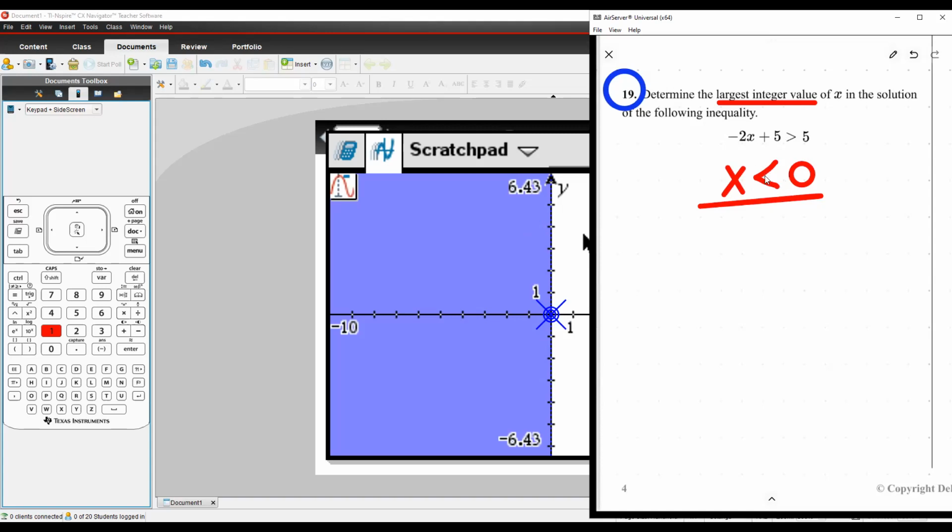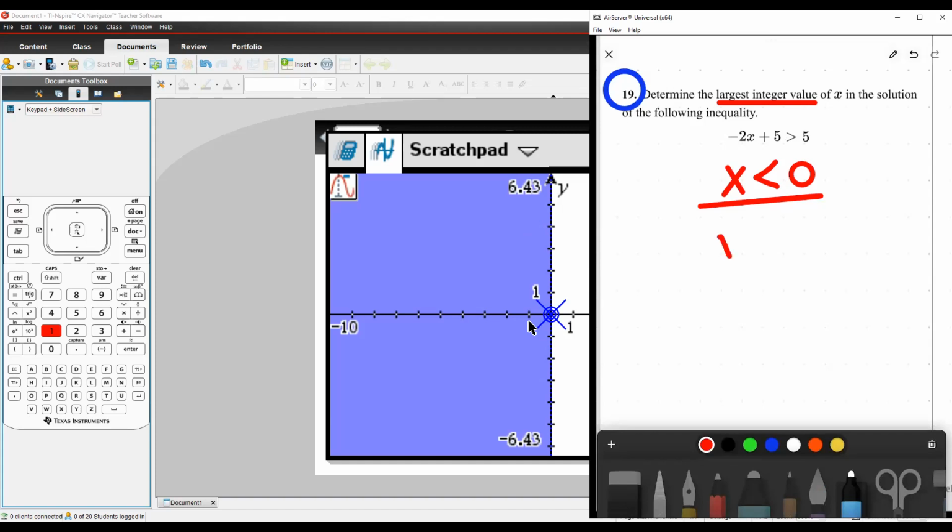If this was x is less than or equal to 0, then 0 would be the greatest. But now what we do is go to the left 1, and that's negative 1, so that's going to be our solution. So that's what I would say: x equals negative 1 is the largest integer value in the solution set.